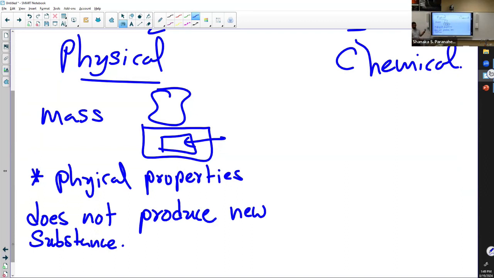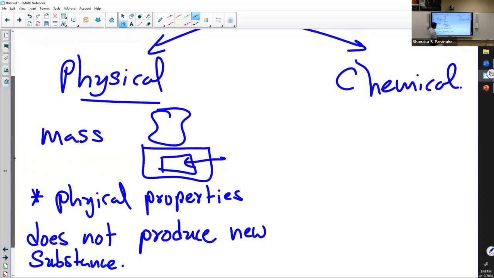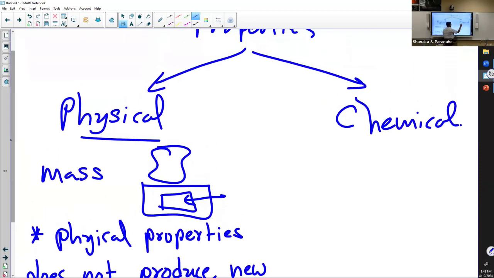Examples are color, length, volume, mass, density. The sample is still going to be the same sample. We are not going to change the composition of the sample. So physical properties do not change the composition or produce new substances. Chemical properties are the ones that change the composition.